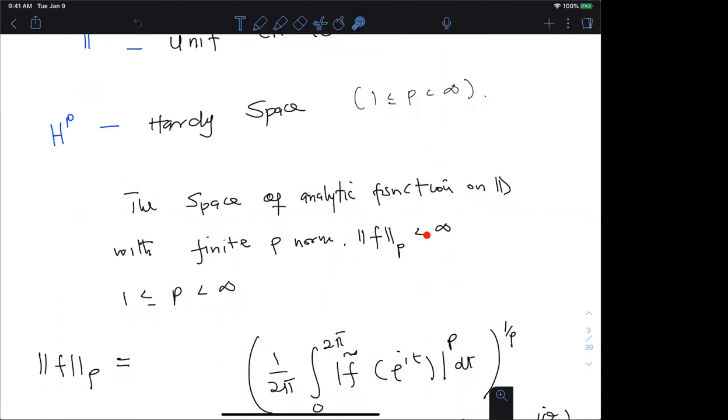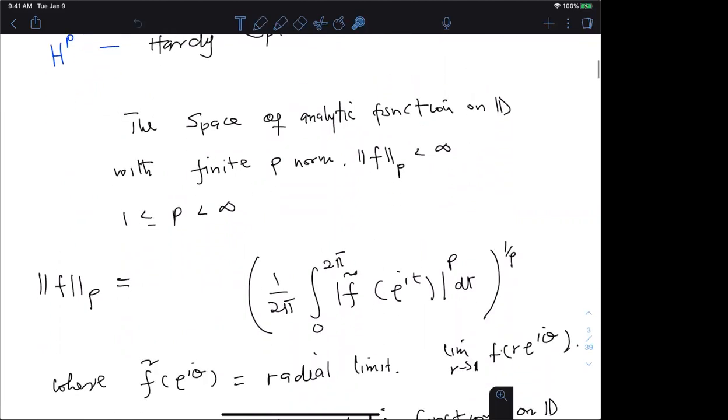By p-norm, I mean the mean of order p of the radial limit of the function. F tilde here is just the radial limit, that is, the limit of the function at the complex number as r goes to 1. So as we get closer and closer to the boundary of the disk, what is the mean of order p?